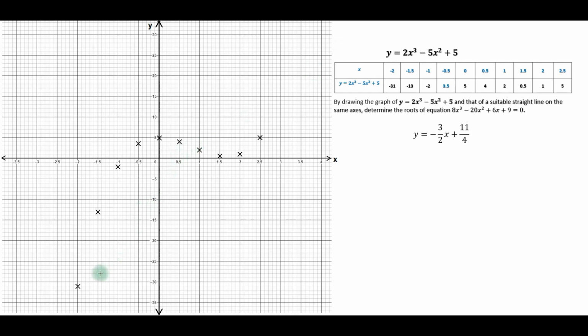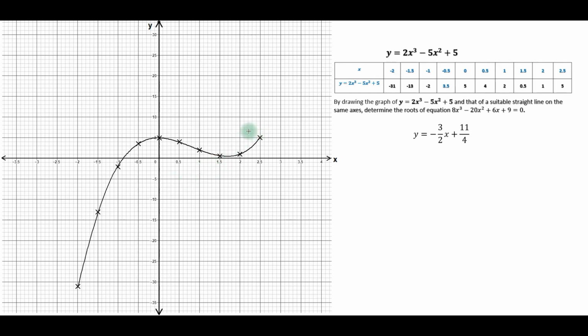So from this point, so that is the curve, and therefore we label it.